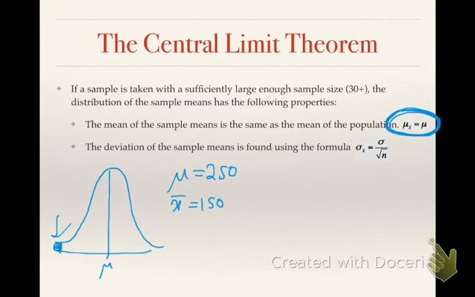But it's not impossible to get a sample of 150, it's just very unlikely. And the deviation of the sample means is much smaller than the deviation of the population. In fact, you divide it by the square root of the sample size, and that gives you the deviation of all possible sample means.